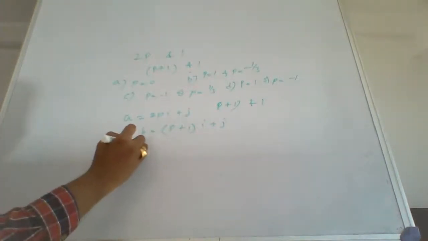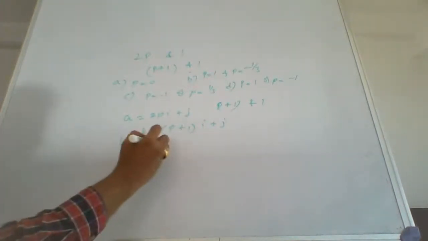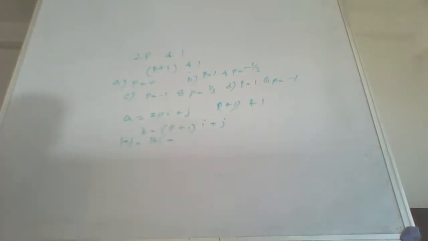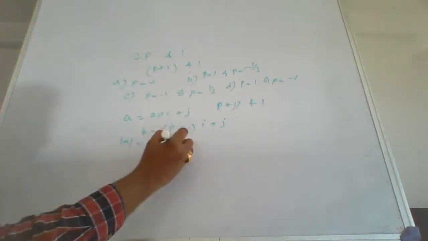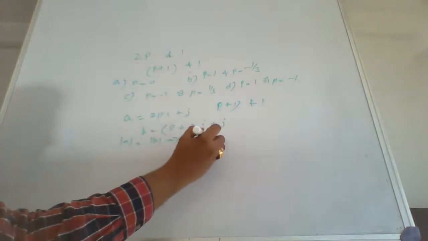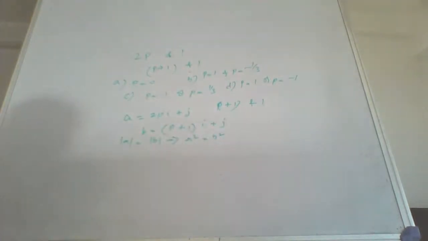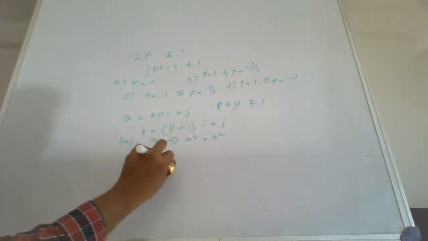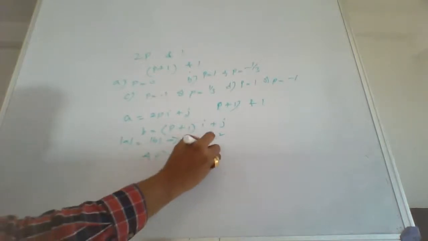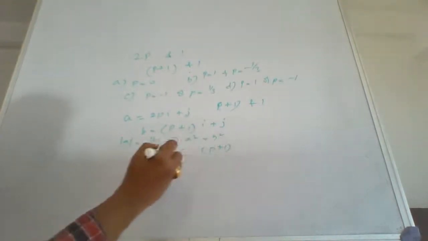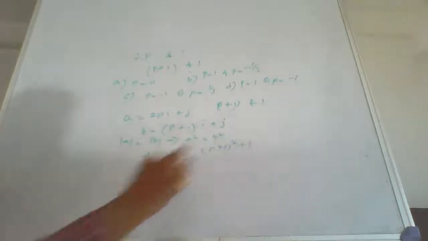So mod A will be mod B, which implies A square is equal to B square. So you have 2P whole square plus 1 equal to P plus 1 whole square plus 1.